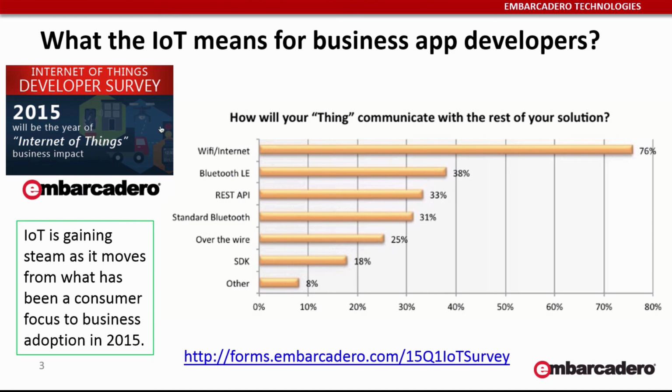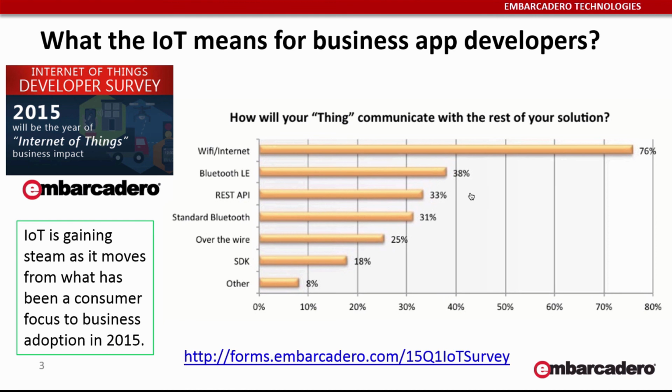Now, Embarcadero sponsored a recent global survey of over 1,000 active developers asking how the Internet of Things will affect business decisions for 2015. And the survey revealed this year, 2015, will be a big year for developing business solutions with integrated things, such as industrial sensors, drones, health monitors, and smart buildings.